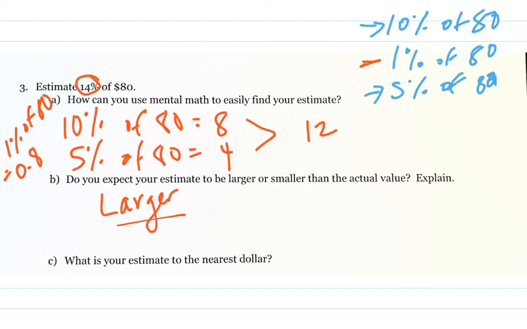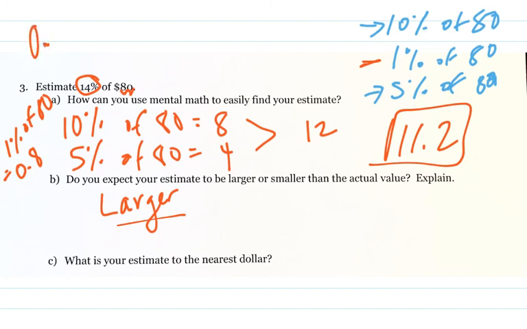We're just dividing that by 100. It moves that decimal place 2 places to the left, which would be 0.8. So what I could then do is take 12 and subtract the 0.8 and get 11.2, which is actually the exact answer.